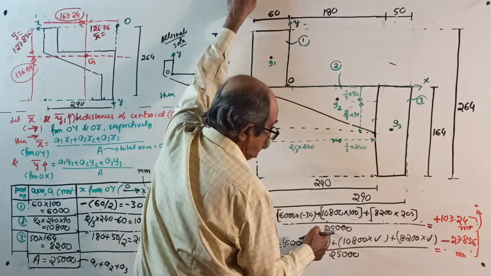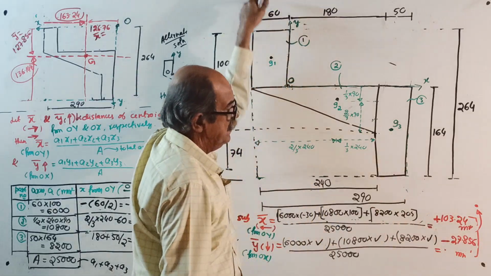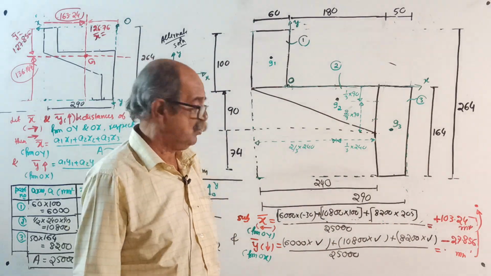Divided by total area, you will get x bar plus 103.24.